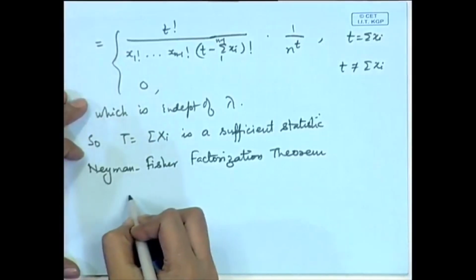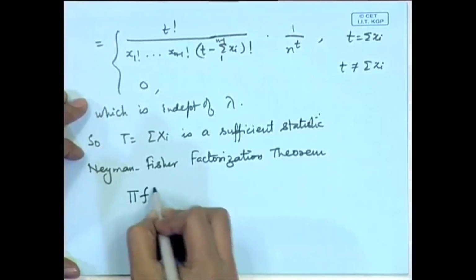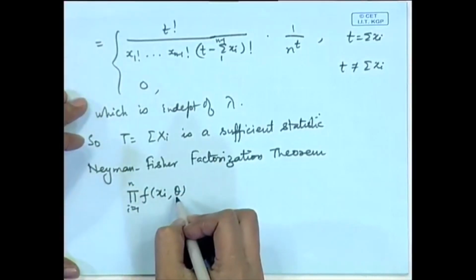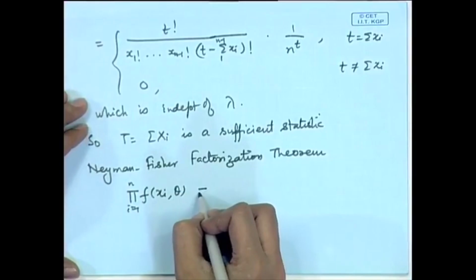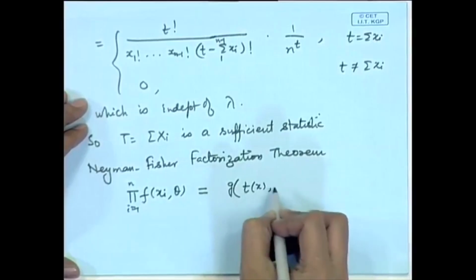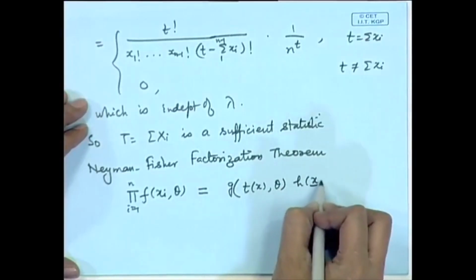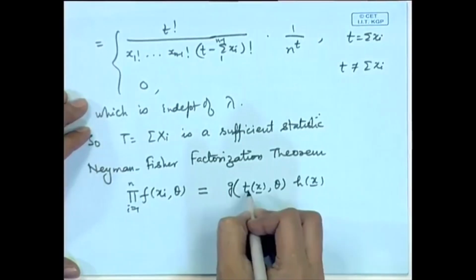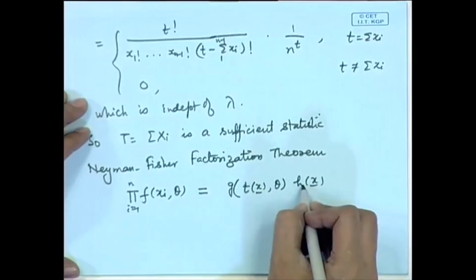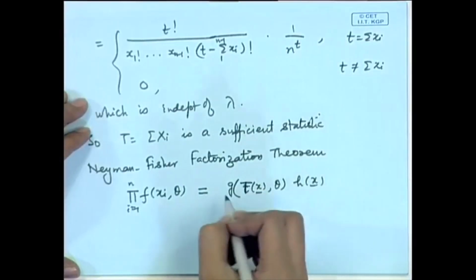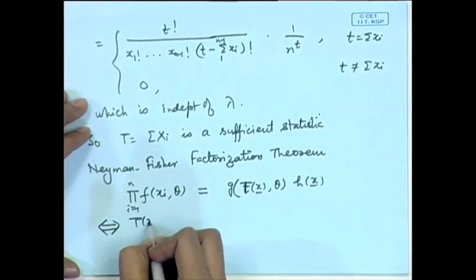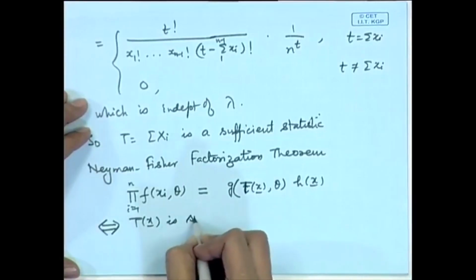We write down the joint density, that is the product of f(xi; theta), i equal to 1 to n. This is the joint probability density function of X1, X2, ..., Xn. If this can be factorized as g(T(x), theta) into h(x), where the first term depends upon the xi's only through T and the second term is free from theta, then we say that this implies and is implied by T(X) being sufficient.